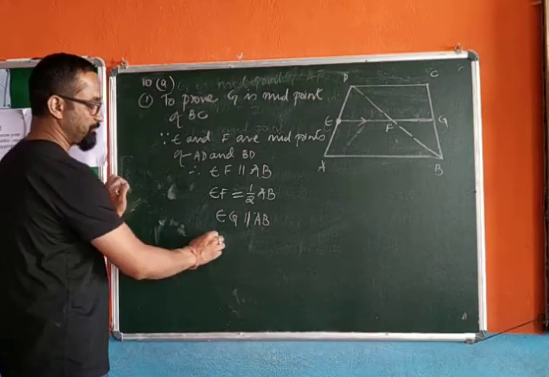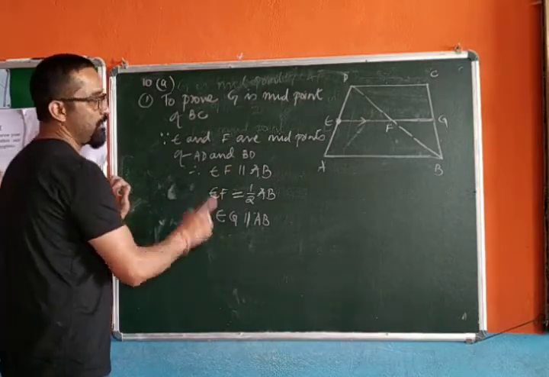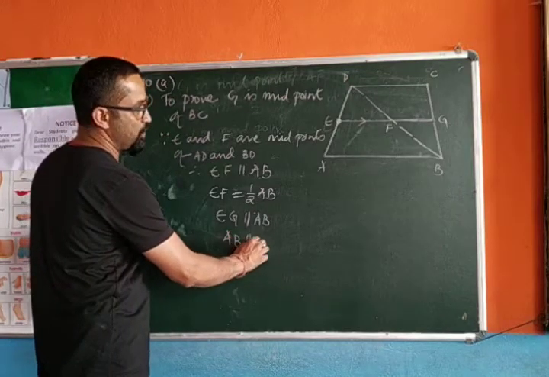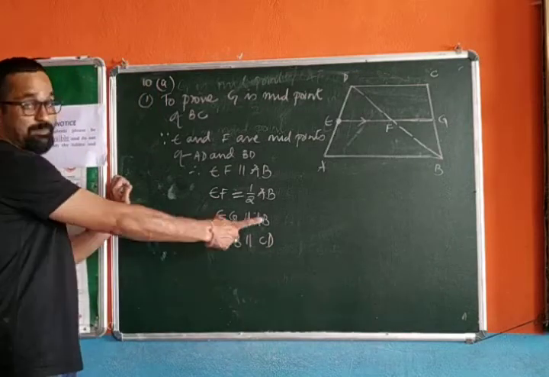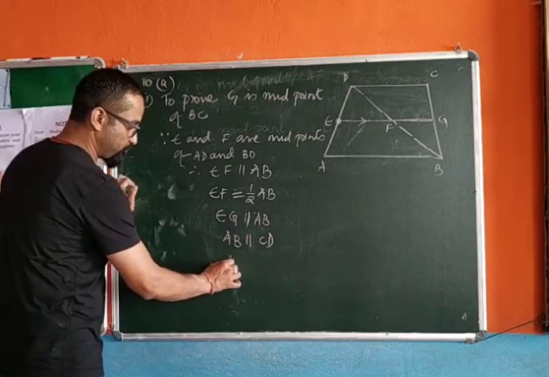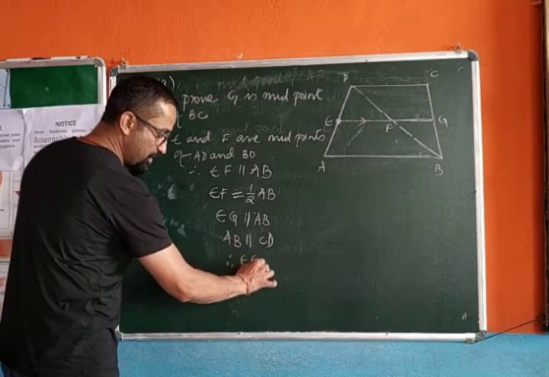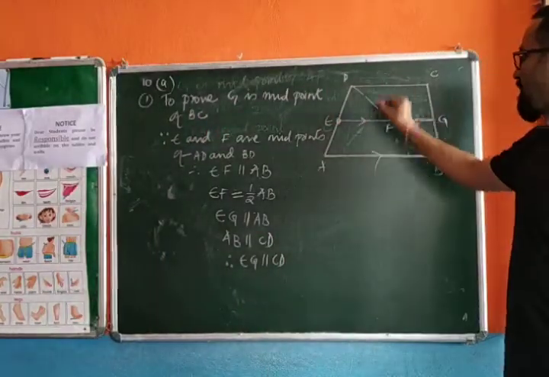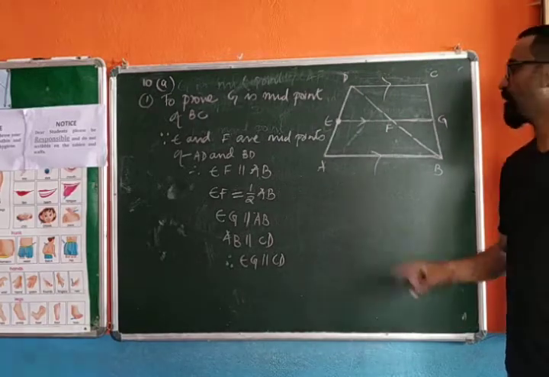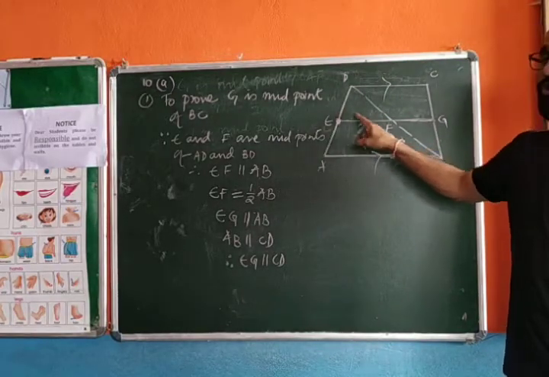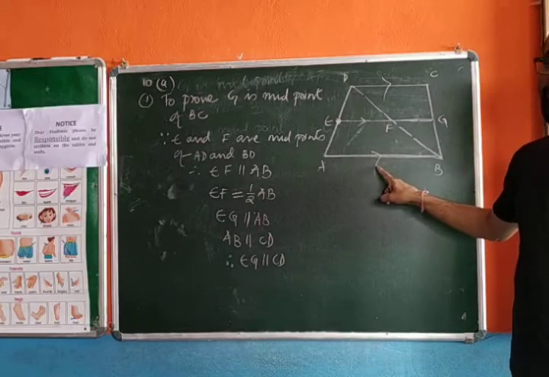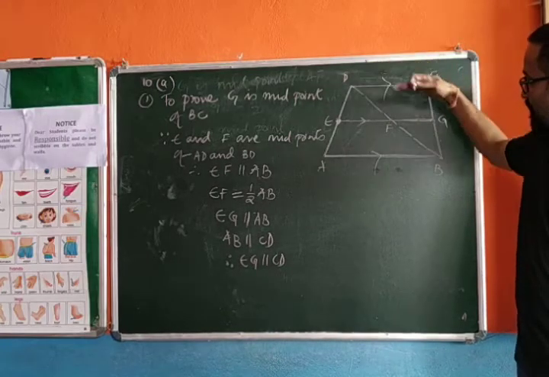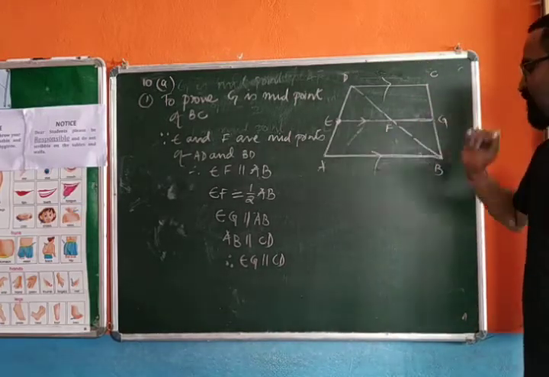Now, the question has the condition AB is parallel to CD, therefore EG will be parallel to CD. We proved using midpoint theorem EG is parallel to AB, and AB is parallel to CD, so CD will be parallel to EG.